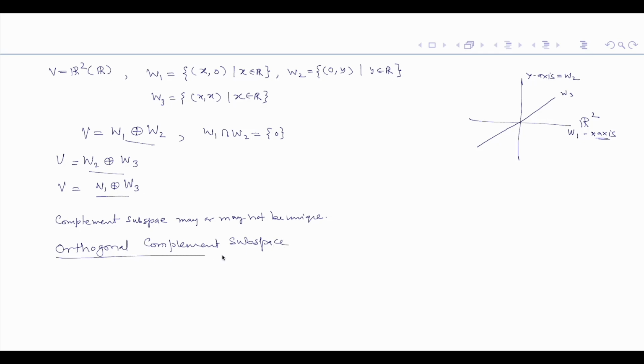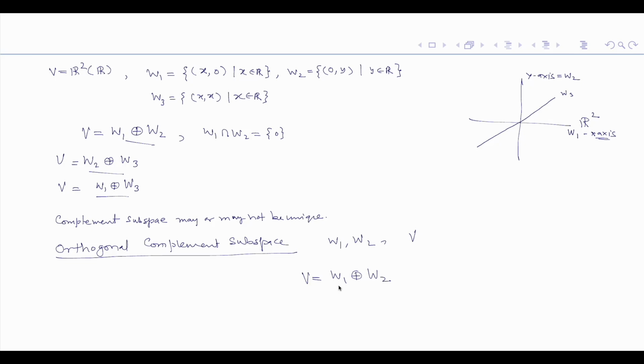If W1 and W2 are two subspaces of a given vector space V, then V can be written as W1 direct sum with W2, and it is called an orthogonal complement if each vector of W1 is orthogonal to each vector of W2.